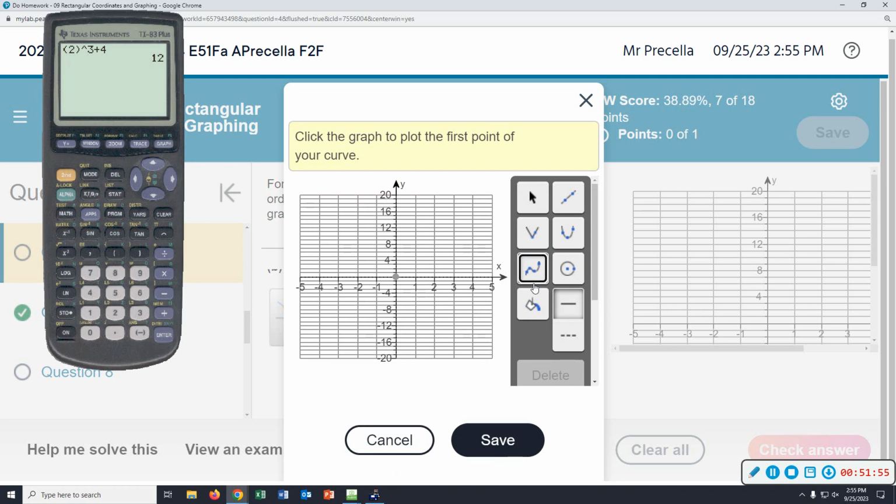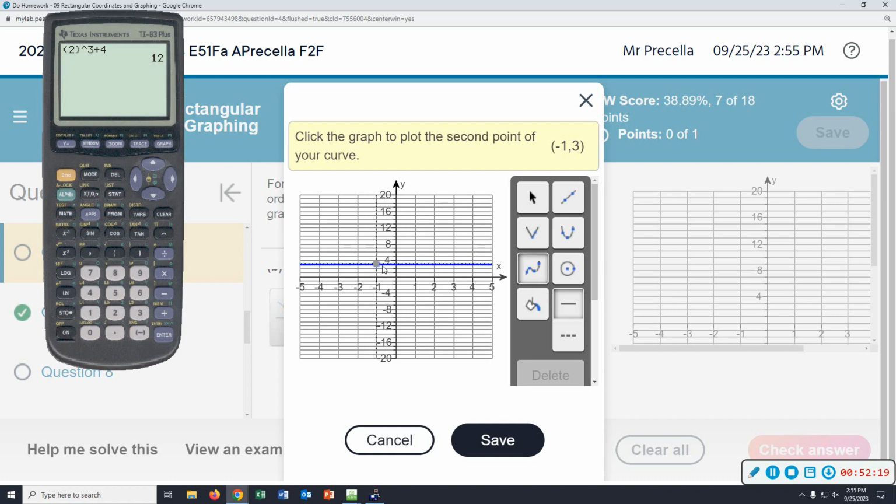And now it says plot the first point. The first point was -1, 3. Notice how the x intervals are big, but notice the y intervals, they're changing the scale, because we're going to have to go up so far. -1, 3.